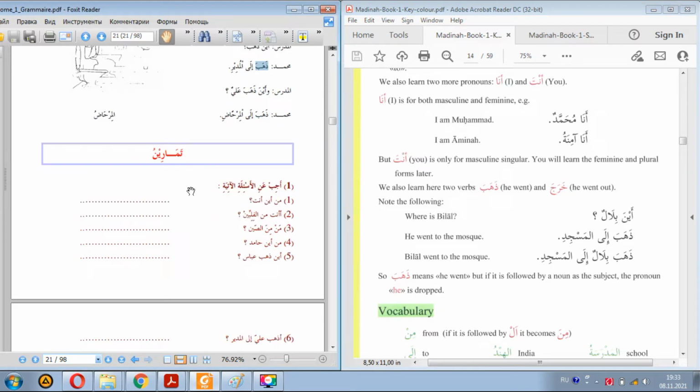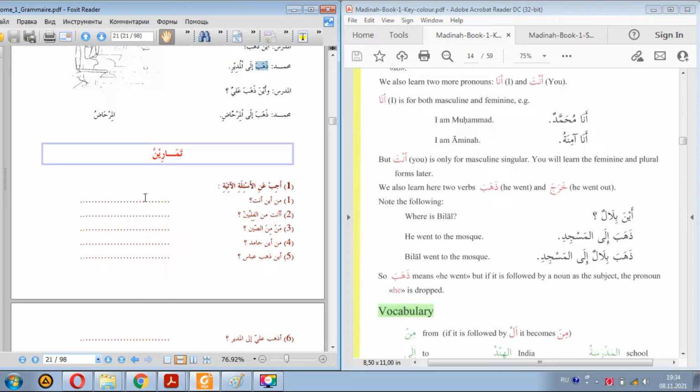And then we have our exercises. Well, من أين أنت? أجب عن الأسئلة الآتية. Well, answer these questions, or the following questions. من أين أنت? Where are you from? If you are from the United States, you can say I am from America. أنا من أمريكا.